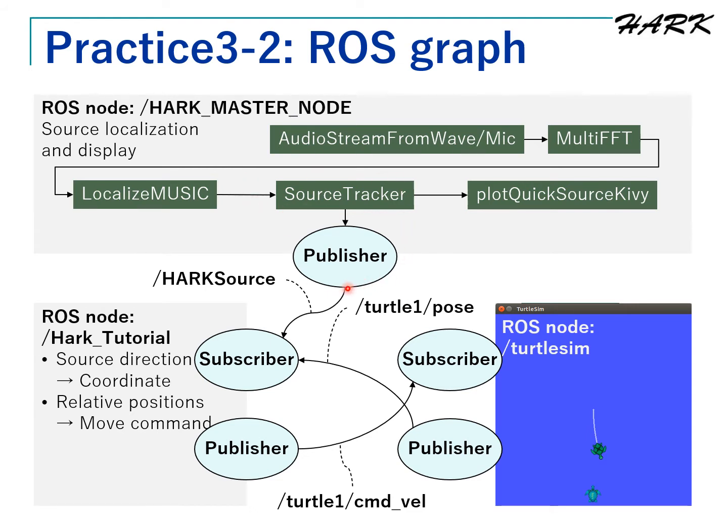The HARK tutorial node displays the first turtle at the position corresponding to the sound source direction. It also publishes a command to move the second turtle towards the first turtle. The Turtlesim node simulates the movement of a turtle in response to a received command in a 2D environment.